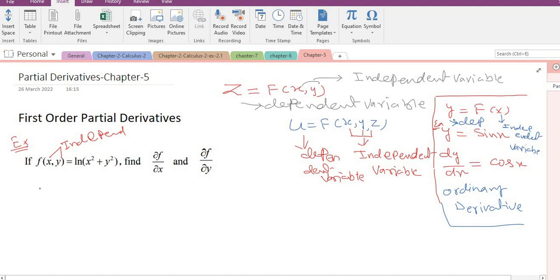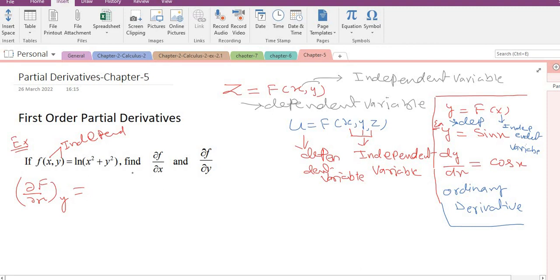So now I am going to do that. Del f del x means the partial derivative of f with respect to x, so you have to keep y as constant.